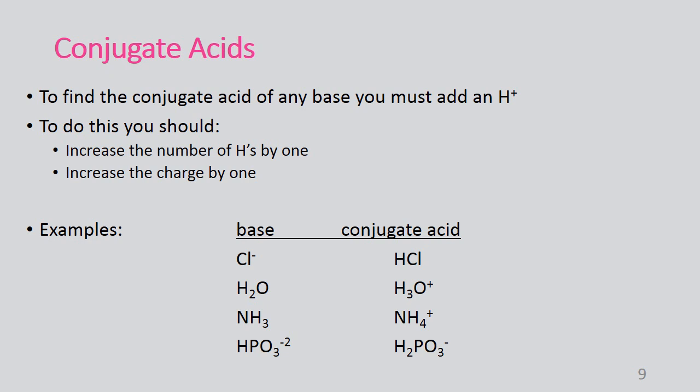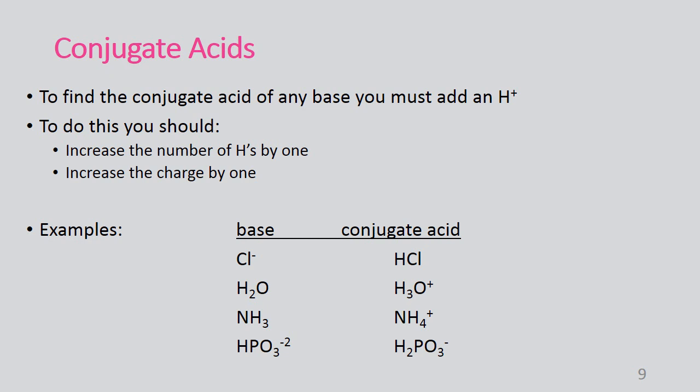So let's look at the example. Cl negative is the base. To find the acid, we add an H to give us HCl, and we increase the charge by 1, so it goes from a -1 to a 0 charge. H2O, we increase the number of H's by 1, H3, and then the charge increases from 0 to +1.